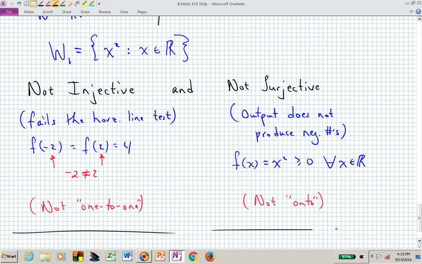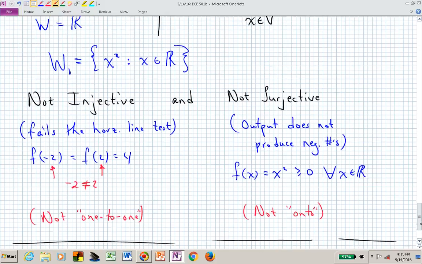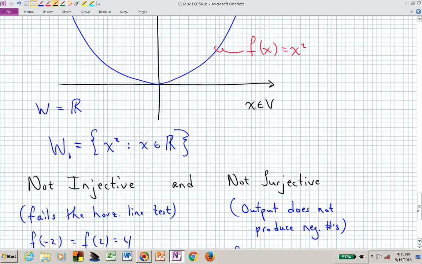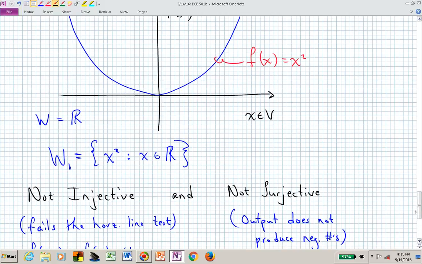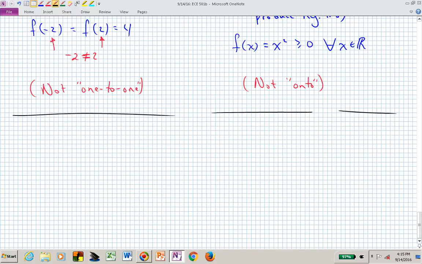And so that x squared, here I'm saying that our map, it's not really linear, but our map is taking an input vector space V being R and our output vector space W being R. Let's look at a linear map example that is neither injective nor surjective.